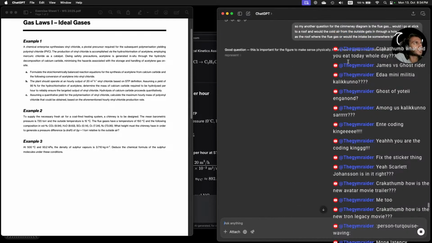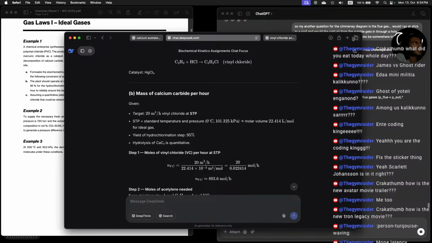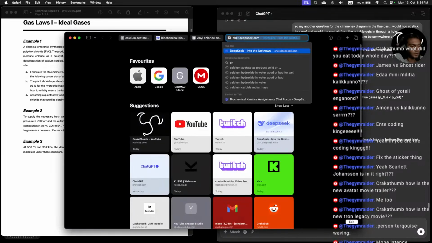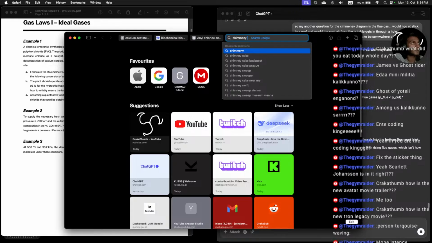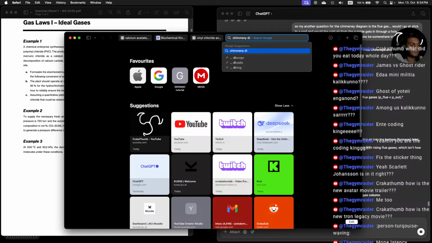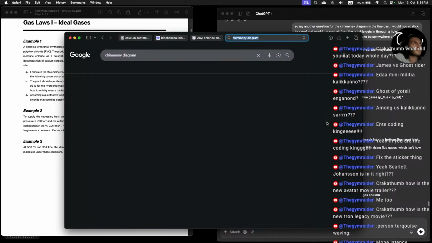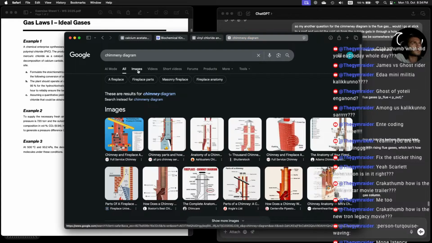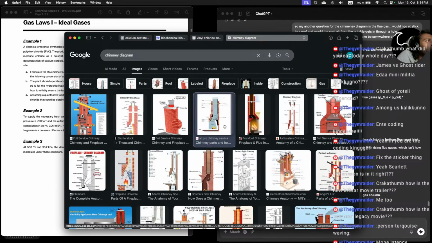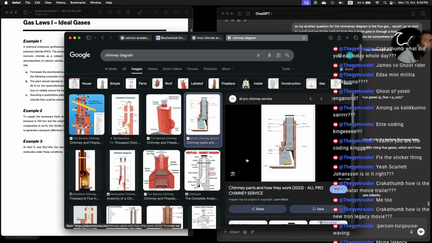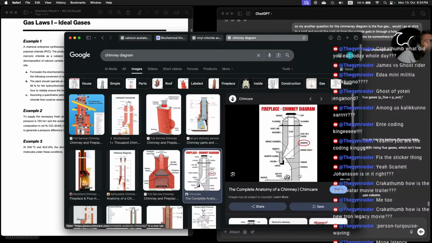I can't just trust ChatGPT on this. I would like to get the chimney diagram. Ah, so this is where the damper is.